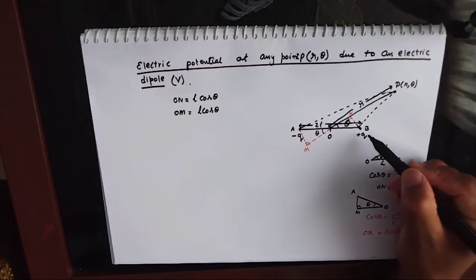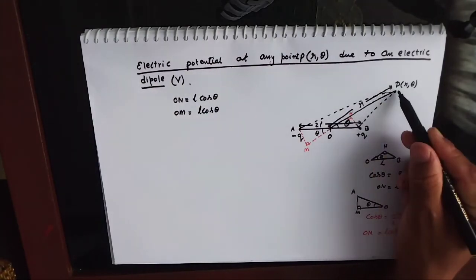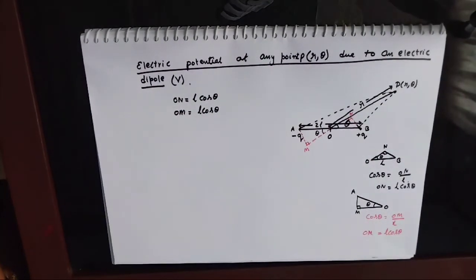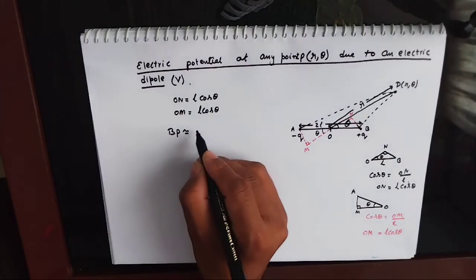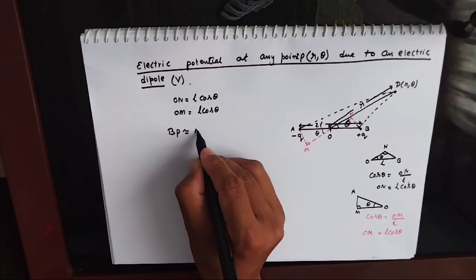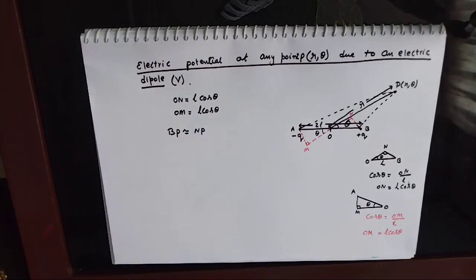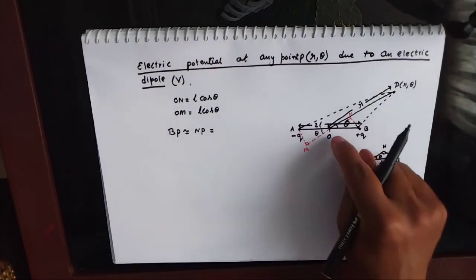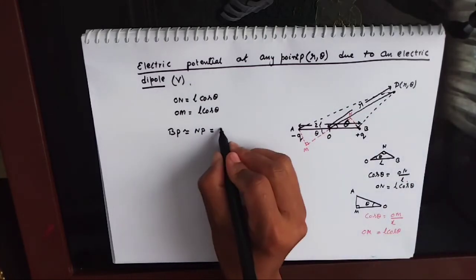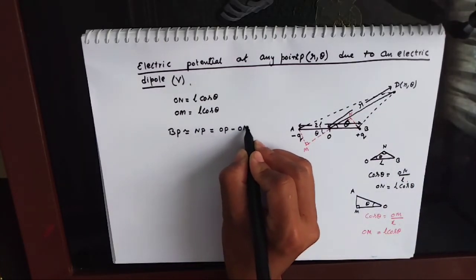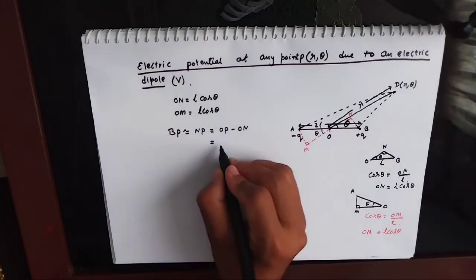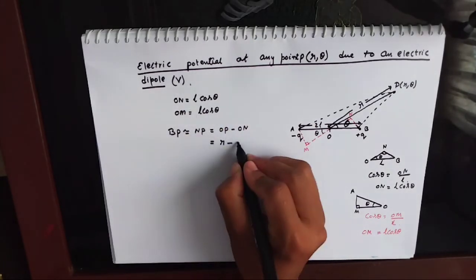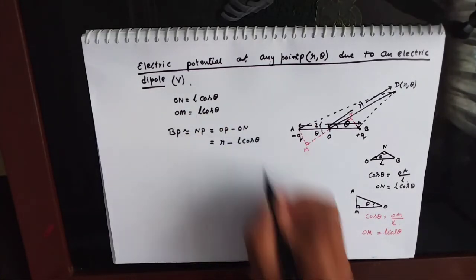So this length BP and this NP are almost equal. BP is approximately equal to NP. So what is NP? NP we can write OP minus ON. Therefore, NP is R minus, instead of ON, we can write L cos theta.